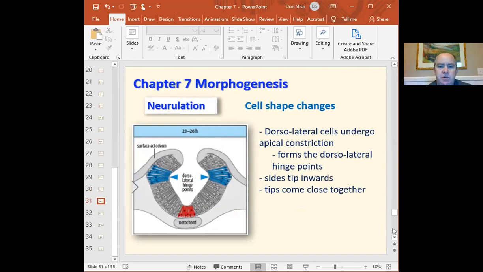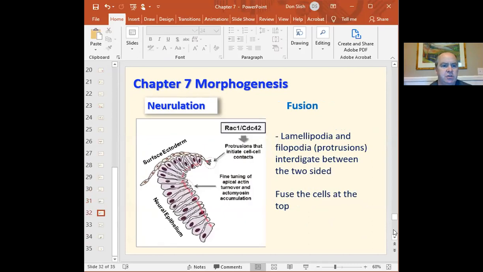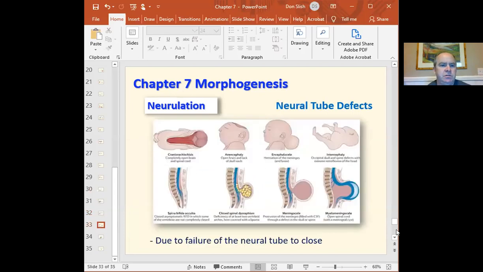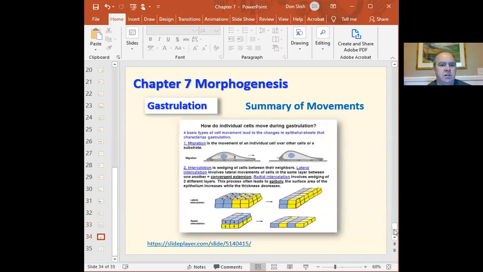And once they do, the neuroectoderm lets go of the surface ectoderm and grabs onto other neuroectoderm, and you close that neural tube up. Here are these protrusions of lamellipodia in the surface ectoderm that grab each other and then close up the surface ectoderm, and then they let go of the neuroectoderm, and then you end up with a little space there. Fusion. Here's what happens if it doesn't fuse. Let's not look at that too much.